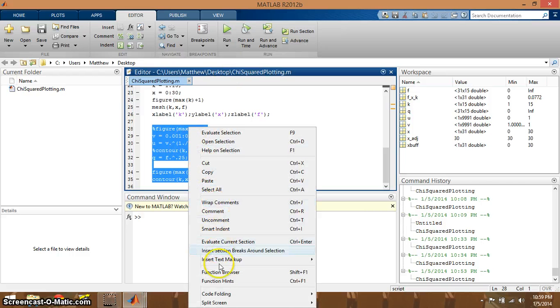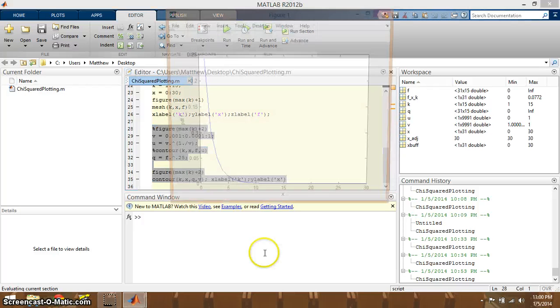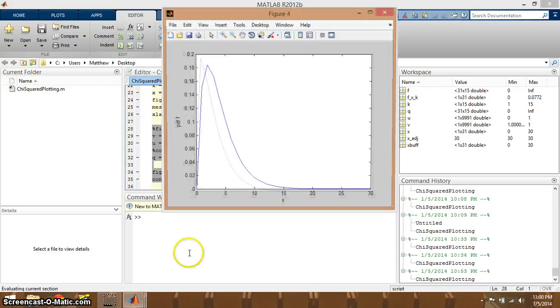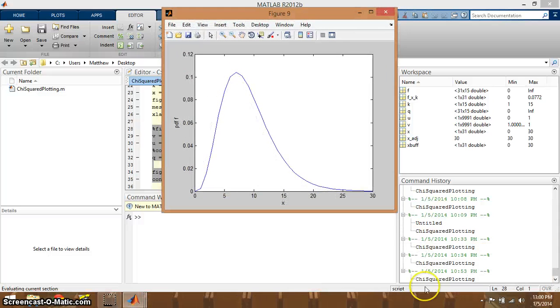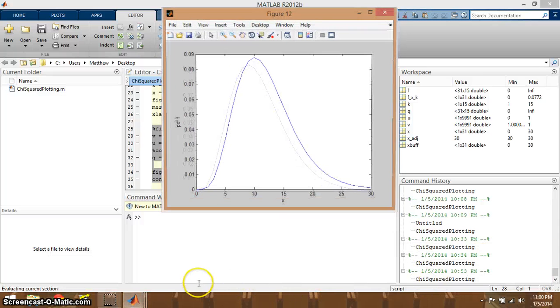I think I can just run this. Anyways, the contour plot's just a contour plot of the surface plot.